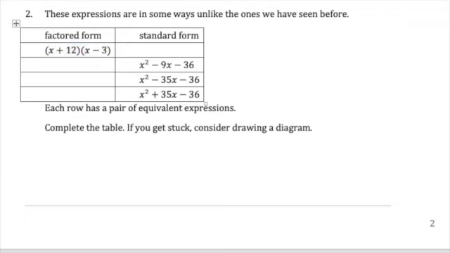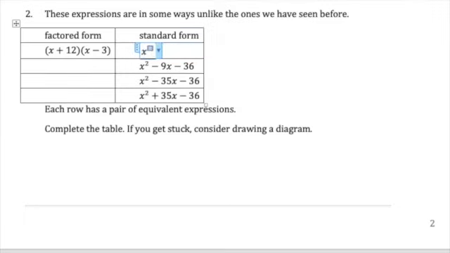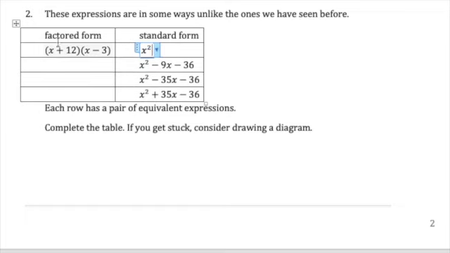So I should get, let's see, x squared, then let's see, I have minus 3x plus 12x minus 36. So notice I have the two numbers that multiply to get me negative 36.